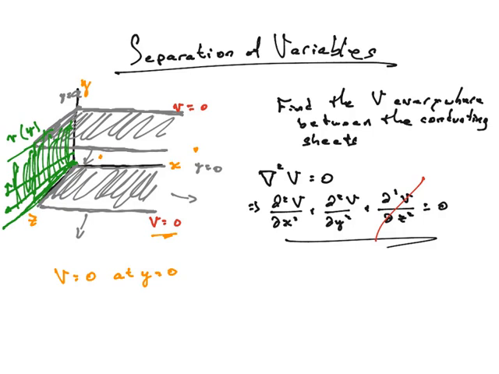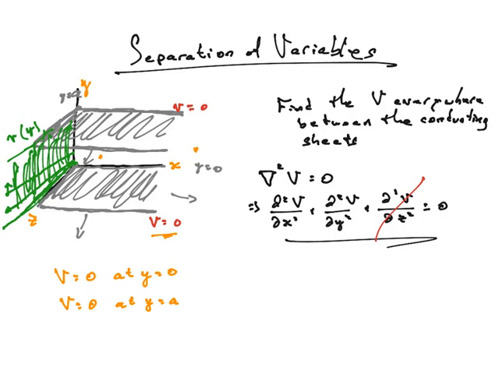So for any value of x, any value of z, if you're at y equals 0, the potential is 0. And likewise, the other one says V is equal to 0 at y equals a, the top plate. That top plate is 0 everywhere as long as you're at y equals a.